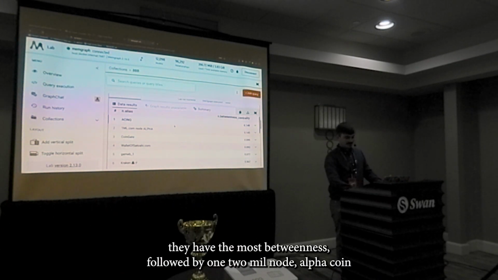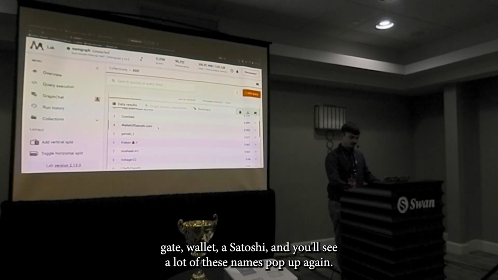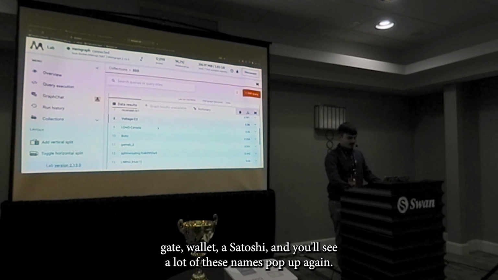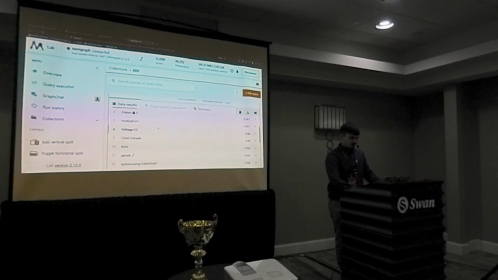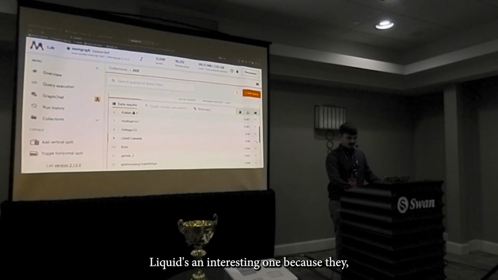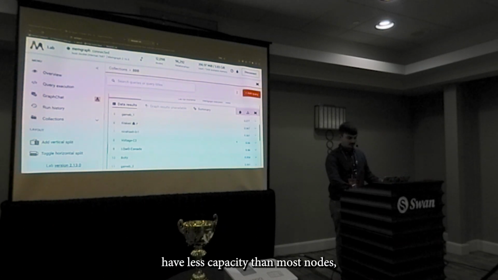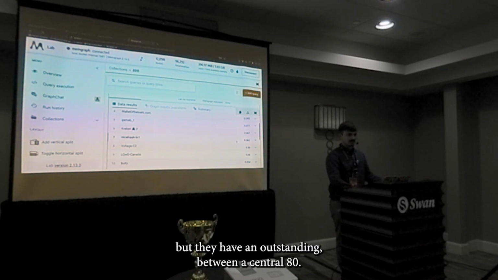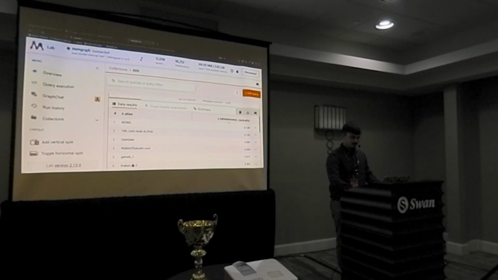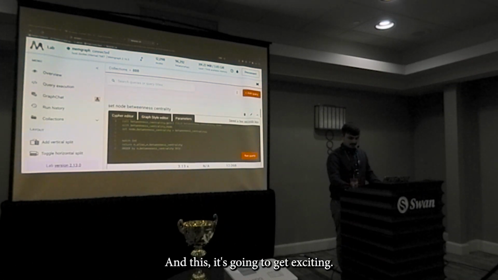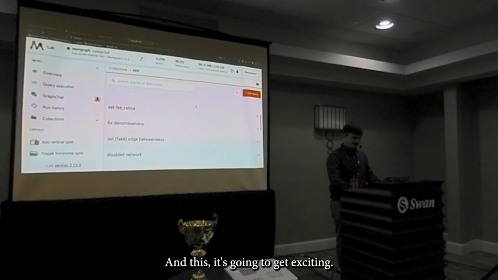They have the most betweenness, followed by 1ML node alpha, CoinGate, Wallet of Satoshi. And you'll see a lot of these names pop up again. Liquid's an interesting one because they have less capacity than most nodes, but they have an outstanding betweenness centrality.